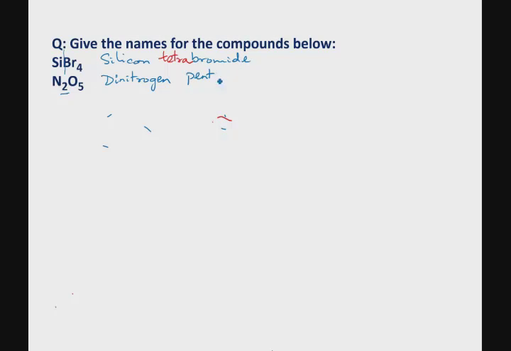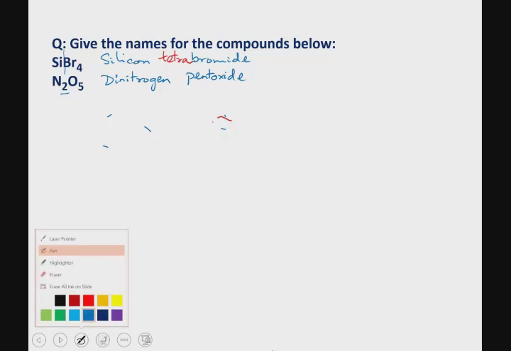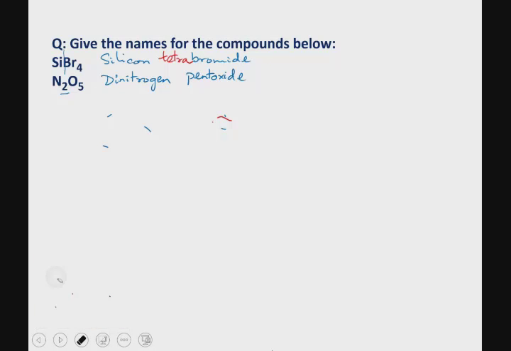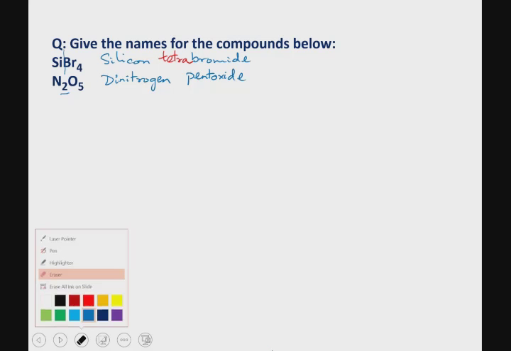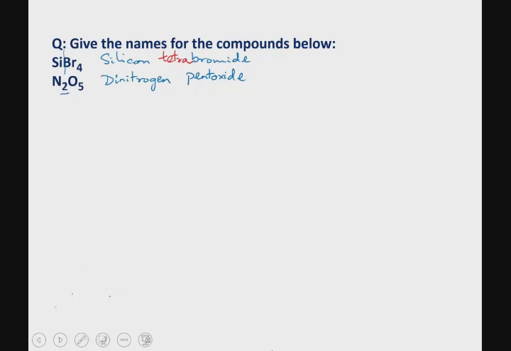Let me just finish this. When 2 vowels follow each other, for convenience, we don't write the first vowel. So instead of saying pentaoxide, we just said pentoxide. Instead of saying monooxide, we just said monoxide.